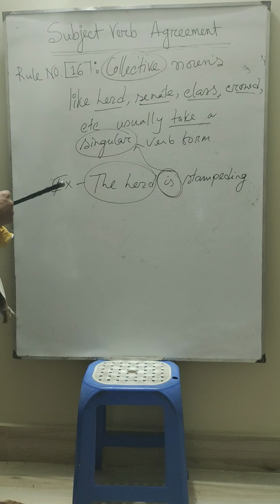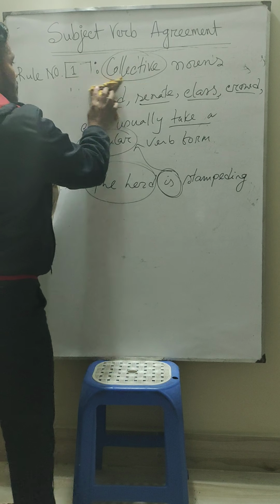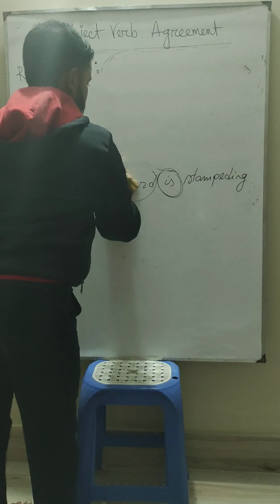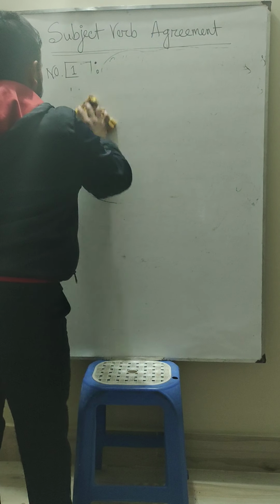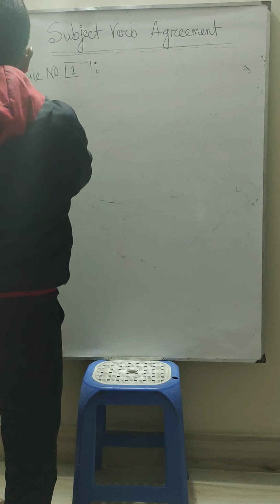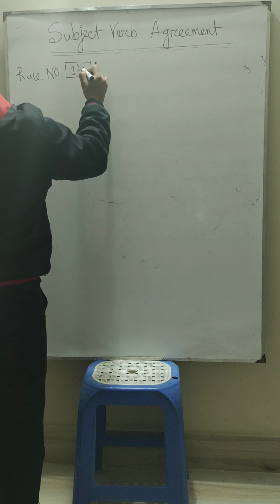Which kind of verb? Singular kind of verb. Rule number 17.